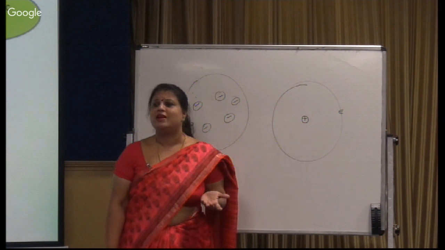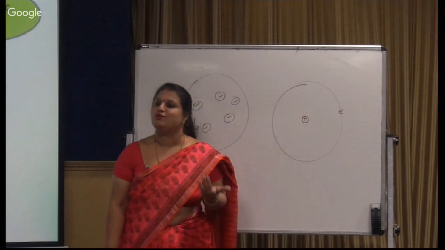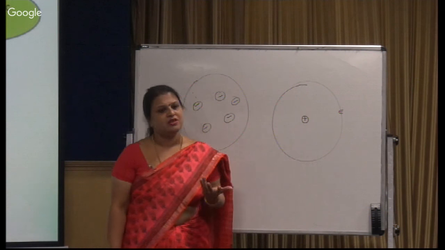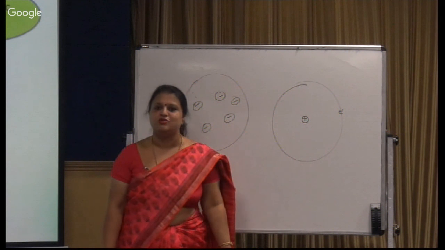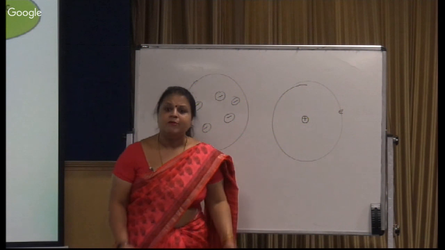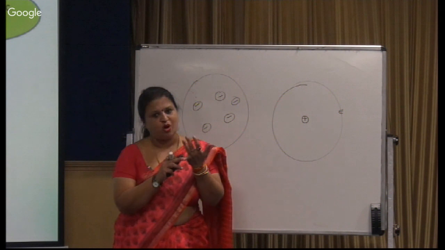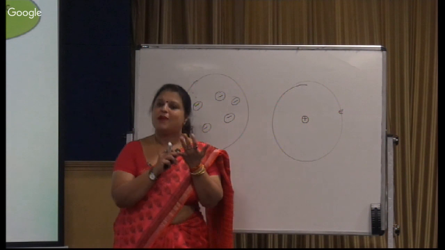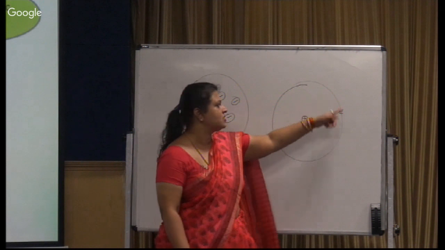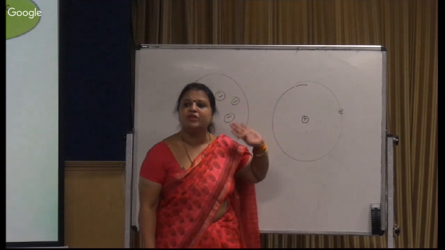This observation led to the discovery of neutrons, which were basically neutral bodies, but having a mass almost equal to that of a proton. Okay, so by this time we had the protons and the neutrons both present in the nuclei, plus we also had the electrons revolving around the nuclei.